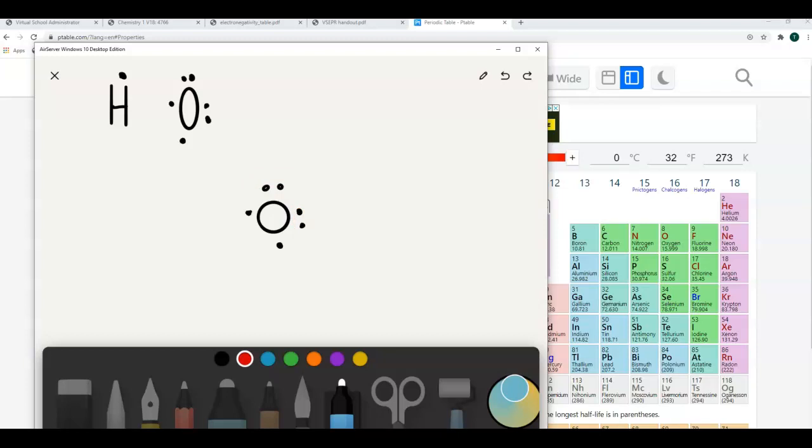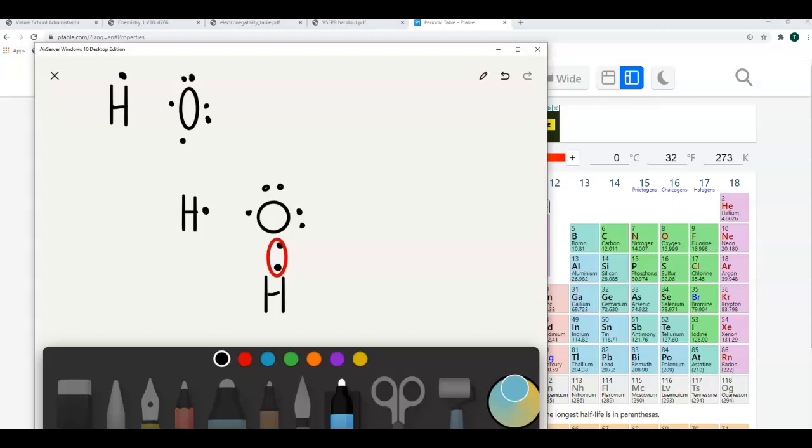So this is telling us that if this were to form a covalent bond, and since hydrogen is a nonmetal, it's going to want to form a bond with hydrogen. So I'm going to draw hydrogen down here with its 1 valence electron. What's going to happen is that they are going to share their electrons and form a pair. The same thing is going to happen with our second hydrogen, because remember, H2O, we have 2 hydrogens.